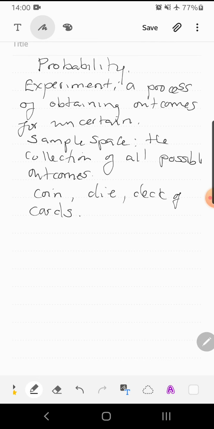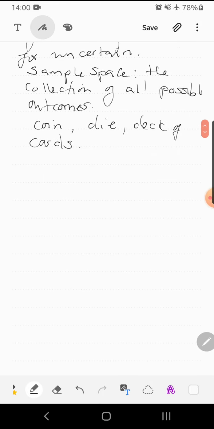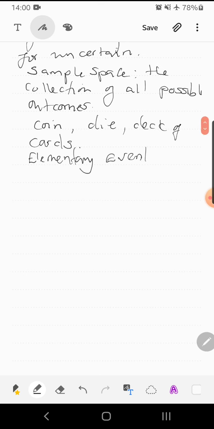Those are some of the things that we'll be using. Another term that I would want you to know is an elementary event.